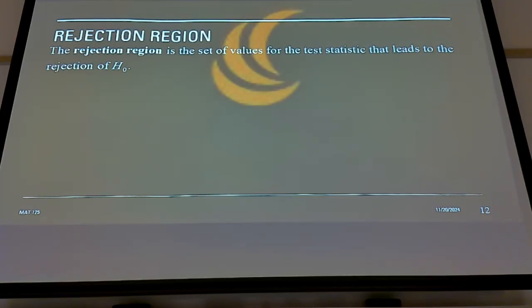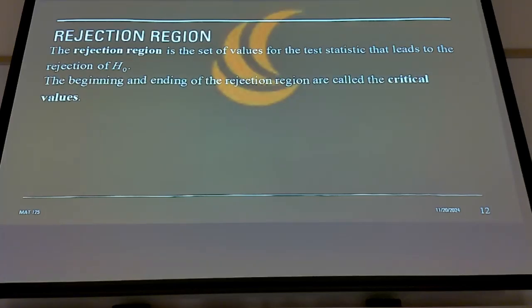Rejection region, set of values for which the test statistic leads to rejection of the null. Beginning and ending of the rejection region are called the critical values.